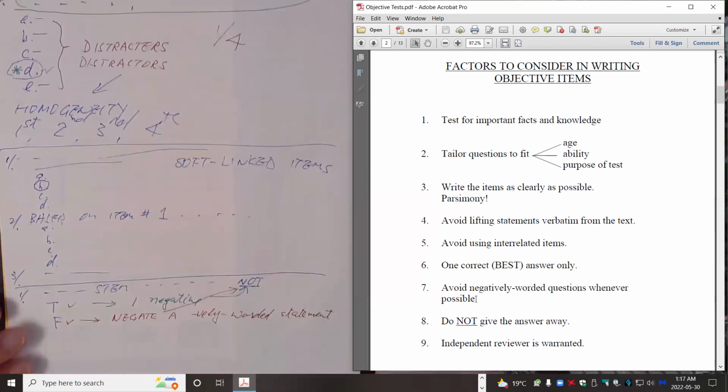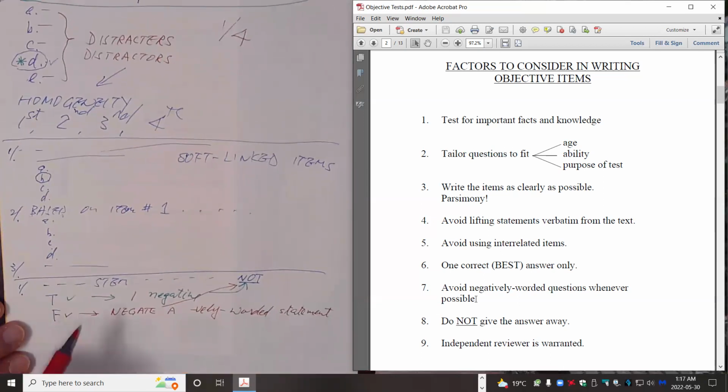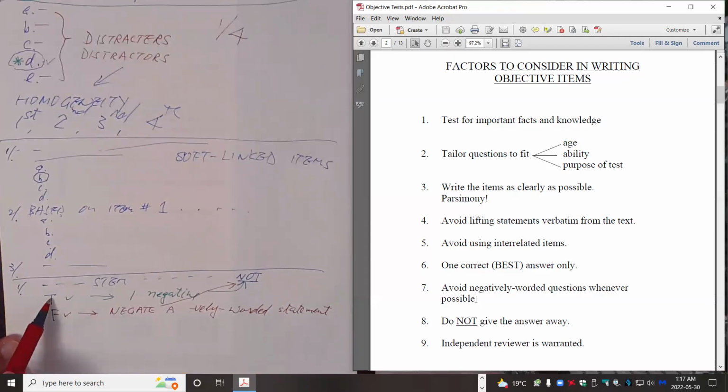So, therefore, there is a big difference psychometrically. I mean, I could prove to you this is the case, but let's get rid of the psychometrics. Okay? Here you're dealing with one negative. Here, you negate a negative, so you're dealing with two negatives. You understand what I mean?